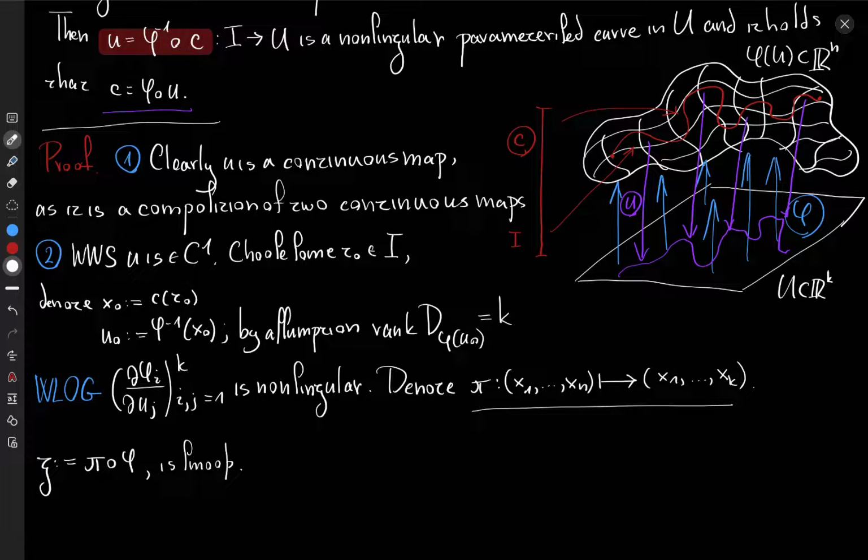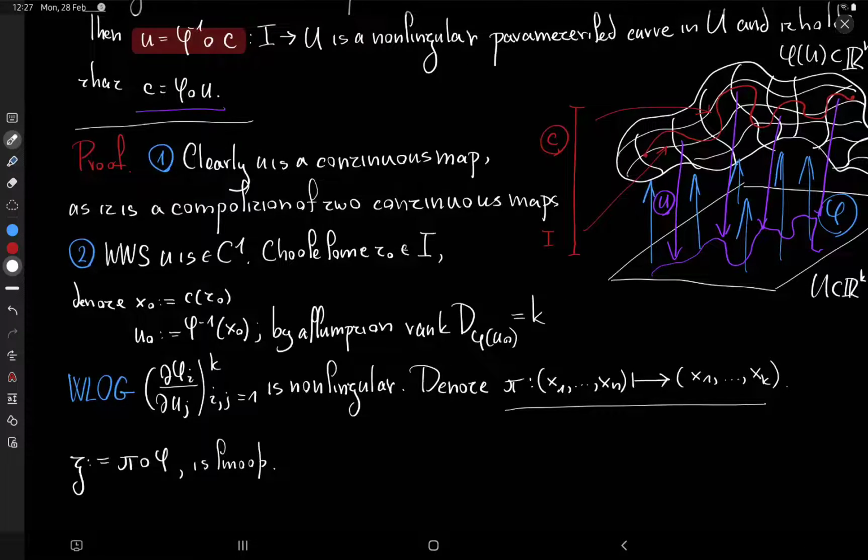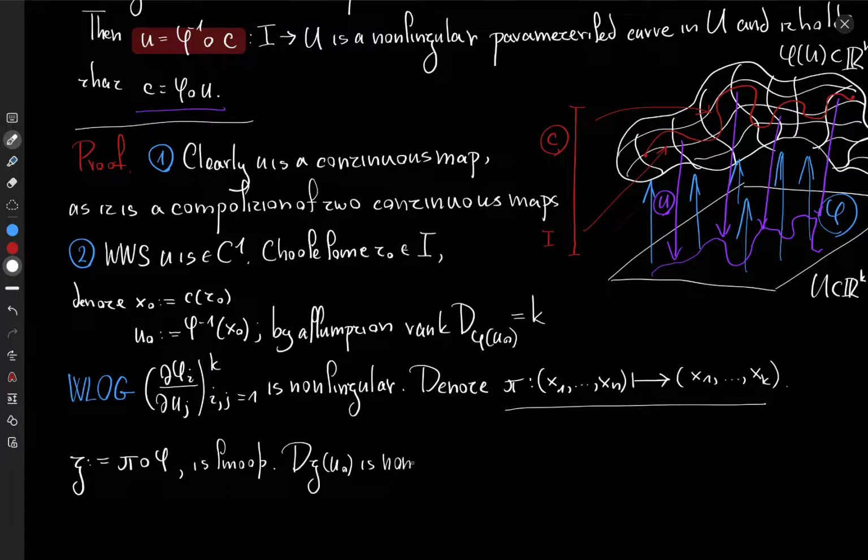Alright. Well, since it is smooth, we have that the Jacobian of G at u0 is non-singular.